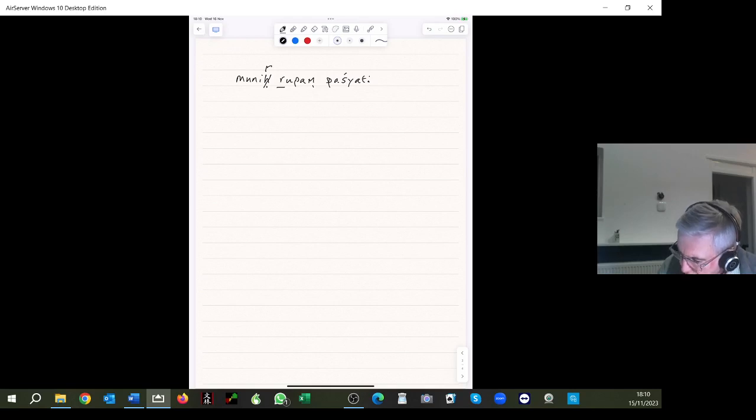What happens? You drop the r, but you compensate by lengthening the preceding vowel. So muni rupam. So if you see a muni rupam, you know that that is the lengthening of the i to compensate for the dropped visarga and the dropped r that the visarga wants to become but can't because it's a following r.